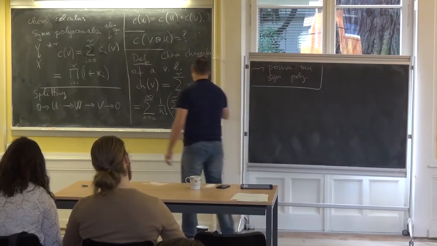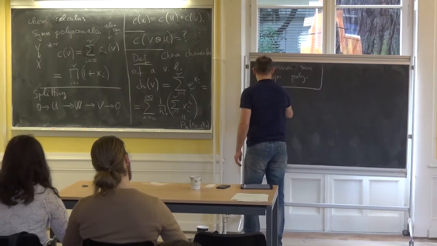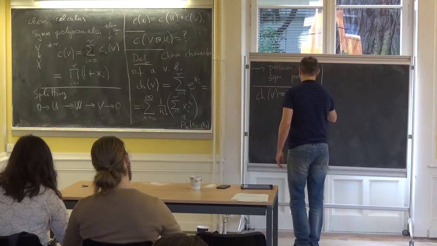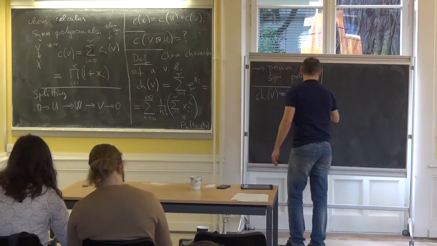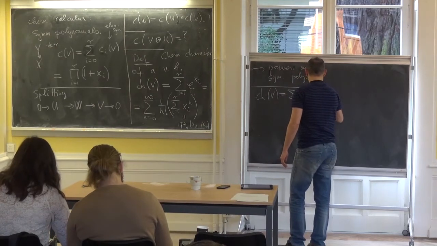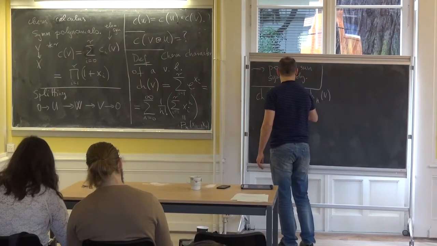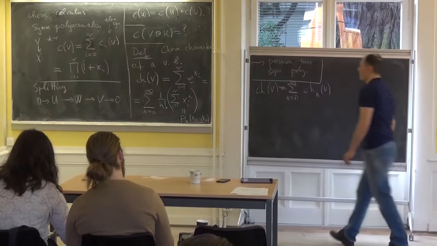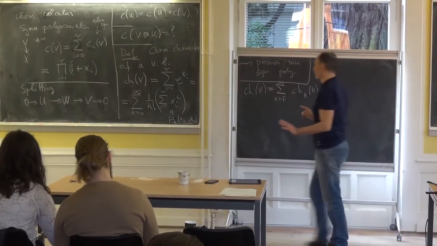Otherwise, in the Chern class community you just write the Chern character of V as a sum of ch. So now I'm just writing this formula, just a formal thing. And no matter what formula you write down, there is a dictionary between the two.